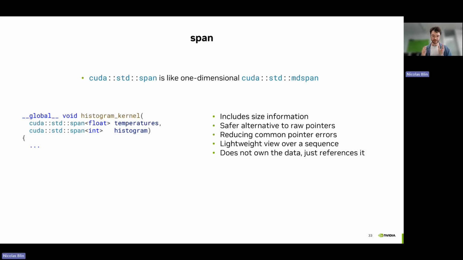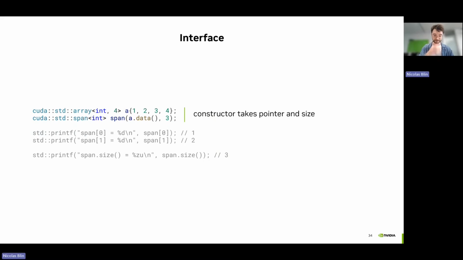And so in CUDA, just like in C++, span is a preferred way to access data over just using raw pointers because it's safer, because as we have seen, it can detect out of bounds. You also avoid doing weird things with the pointer. You can also access the size and all of those.